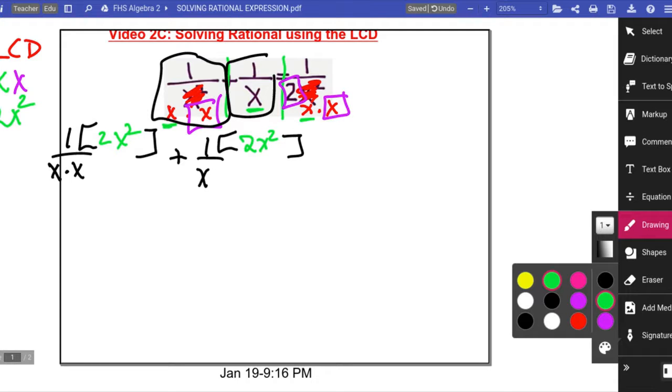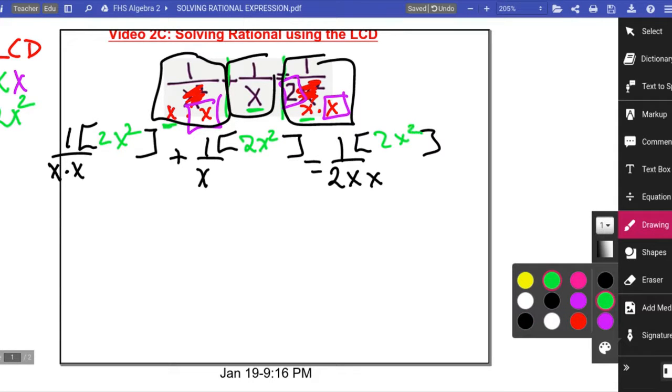Cool. Equals, rewrite the outside one, which is 1 over, what was at the bottom? 2x, right. Put your LCD in there, 2x squared.